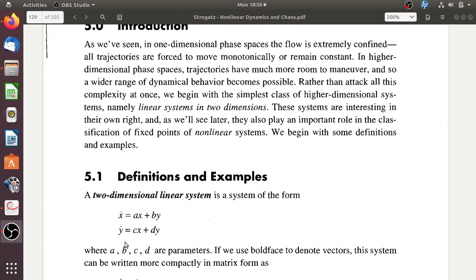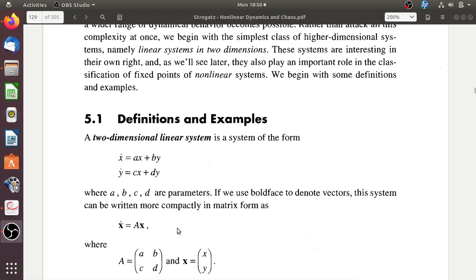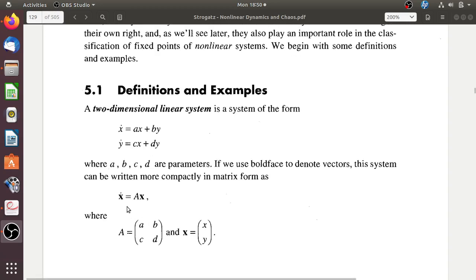Now the same system we could represent in matrix form, like x dot is equal to Ax, where x is a vector which contains x and y, and by x dot we mean x dot and y dot.